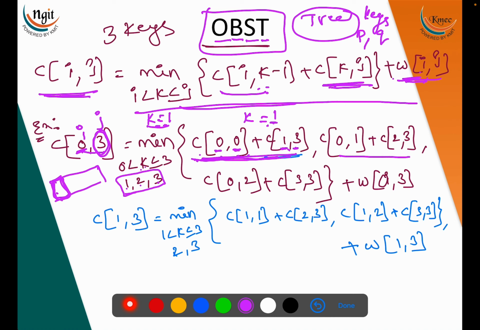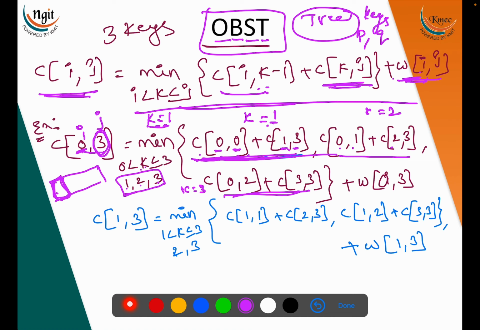And this is C(0, 1) plus C(2, 3), which is k equal to 2, and this is k equal to 3. For all the possibilities of k, we will be calculating the cost. Whichever cost is minimum among these 3 will be considered.